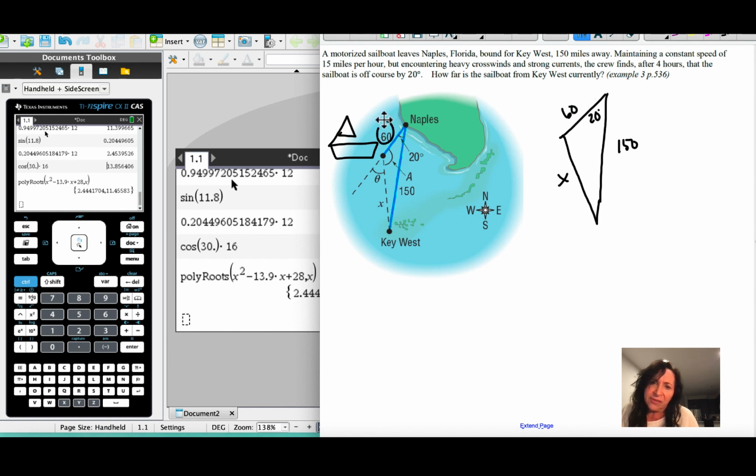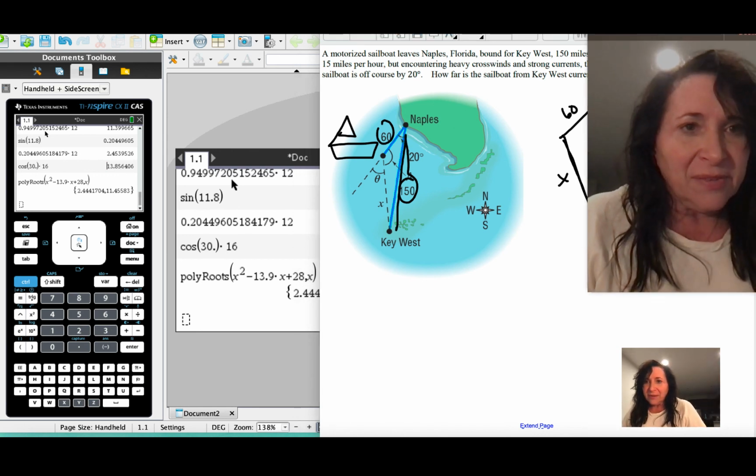They gave me 60, they gave me 150, which is this length, and they gave me this angle is 20. Well, all right, I just need to know what X is. How far am I off course? Because this is Key West, right? And so I need to know this length right here. I have side, angle, side. So in order for me to use side, angle, side, two sides, law of cosines.